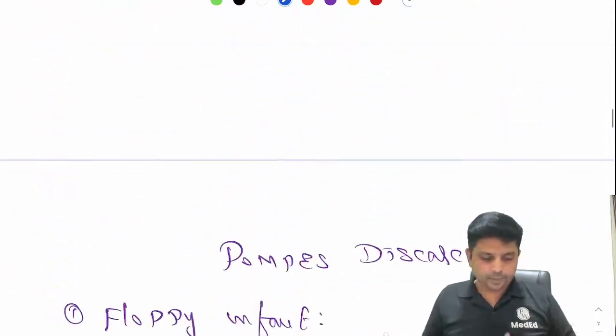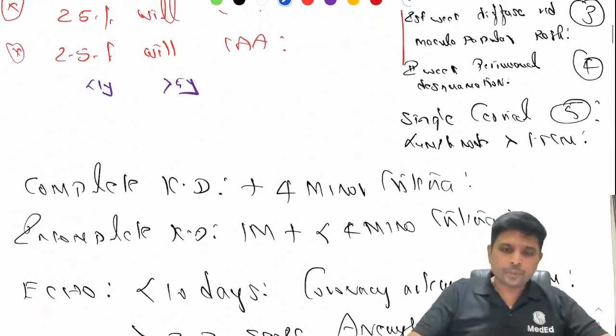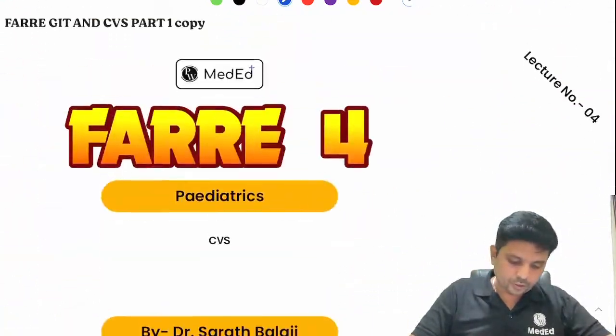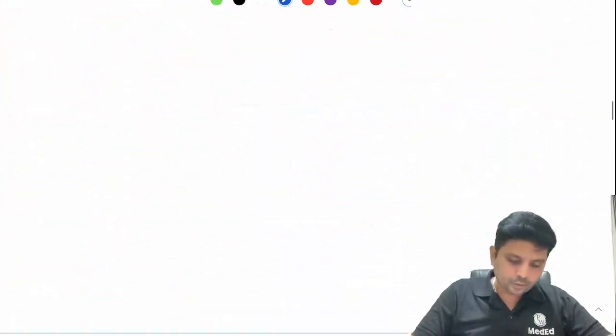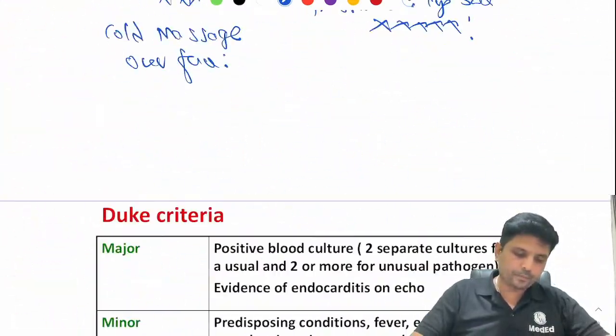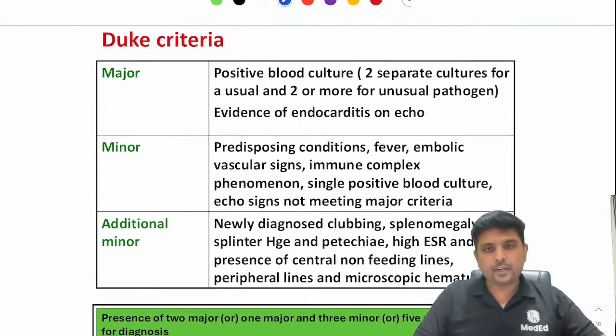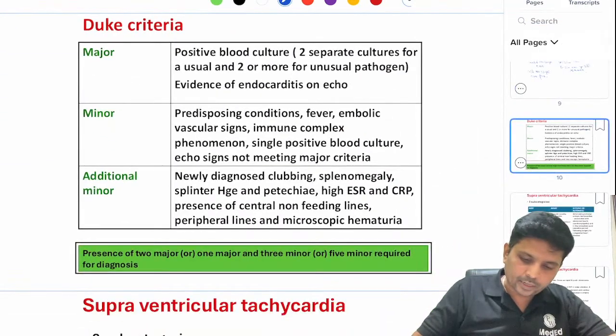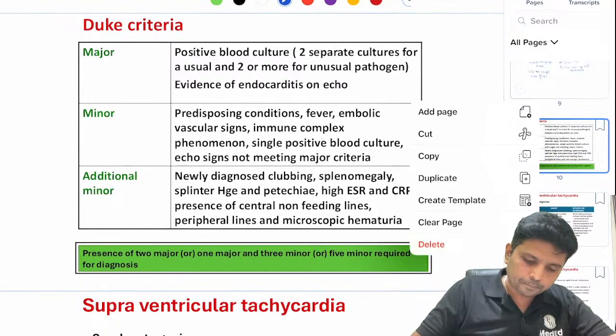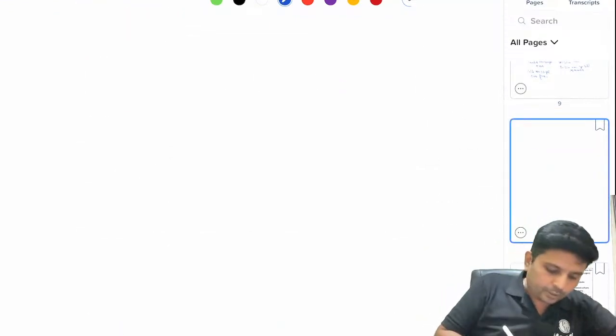Okay, right. And finally, the last point to discuss, before I conclude, is Duke's criteria. Duke's criteria is meant mainly for infective endocarditis.